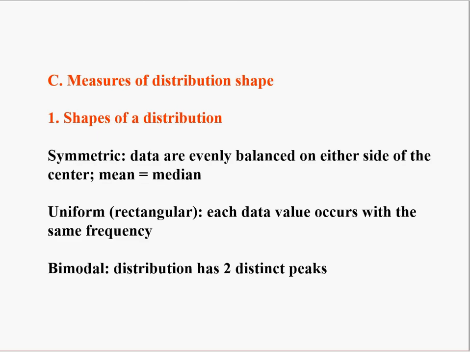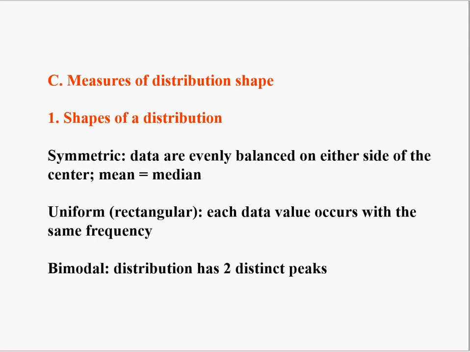Measures of a distribution shape. Shapes of a distribution. A variable may have a symmetrical distribution. All data values are well balanced, evenly spread among both sides of the center. When that happens, we know the mean is equal to the median.